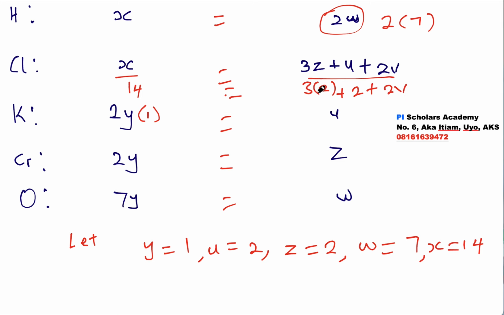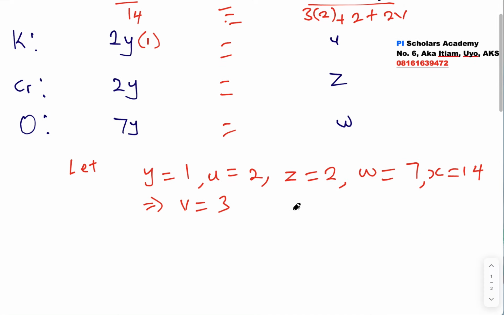If you do that, 3 times 2 is 6, 6 plus 2 is 8. When you take 8 to the other side, that will be 14 minus 8, which is 6, and you divide it by 2, that implies that V is 3 as well. With this, you see that you've gotten everything that you need.